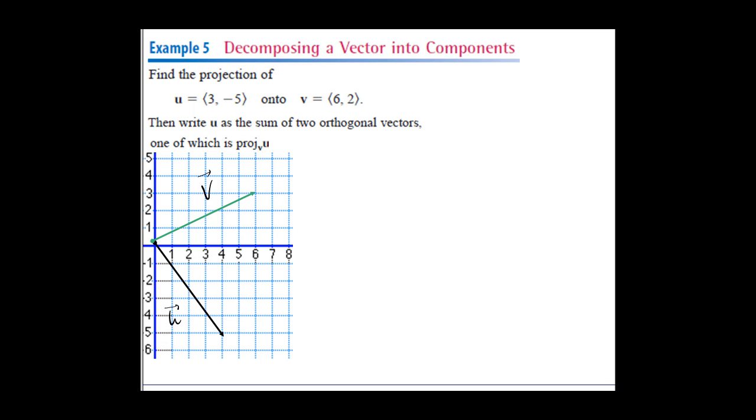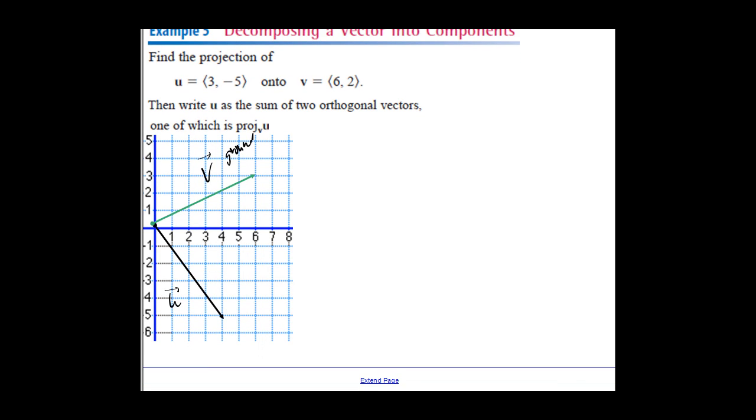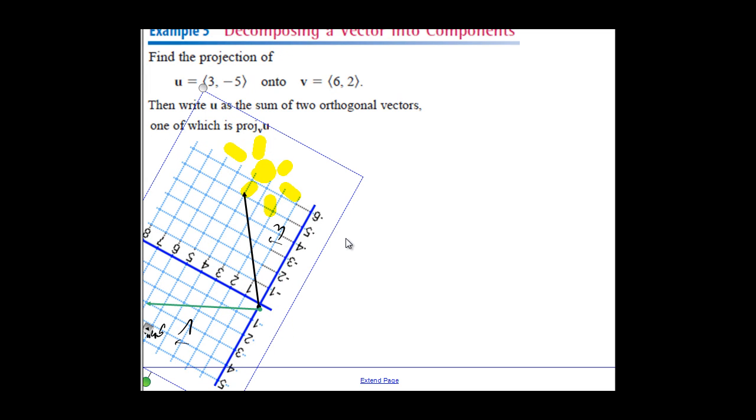Now this is a little bit mind-boggling. Remember, vector v is your ground, and we start with these projection problems by actually putting a sun, if you will, over the terminal point of vector u. So it might help to actually rotate your paper just for a moment.